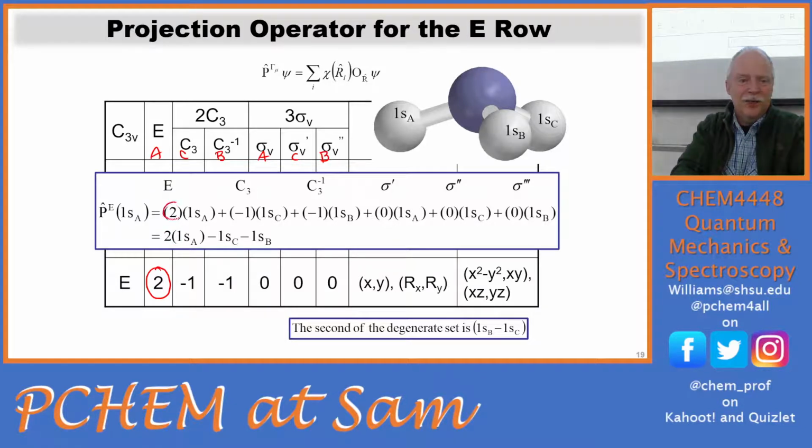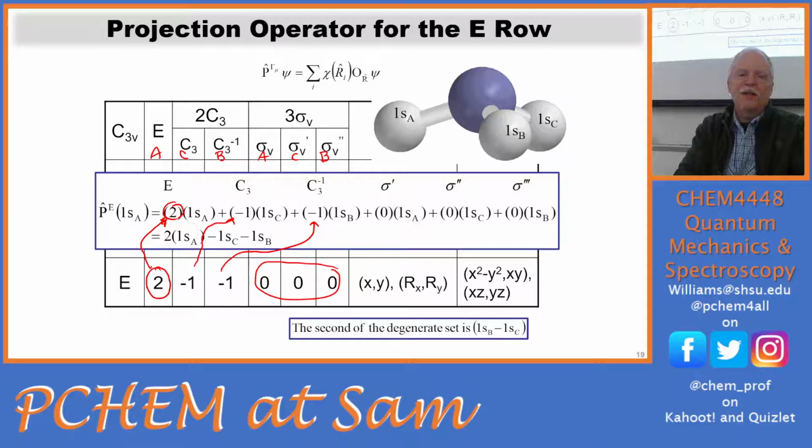So that 2 goes right there. So we have 2 1SA, and then the C is a -1, and so is the B. And then we have zeros on all 3 of these, and so those 3 are canceled out. And so we end up with this.